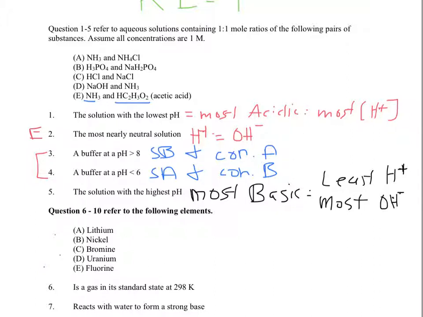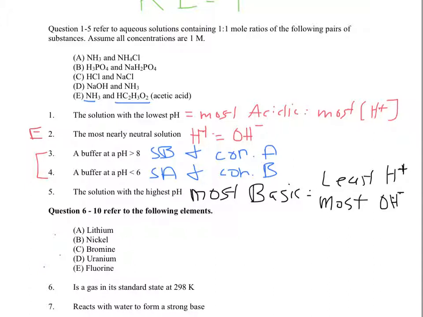The solution with the lowest pH. All right, can it be A? It's definitely not A because you have a weak base in the beginning, right? Could it be B? You have a weak acid, so it's potential. What about C?